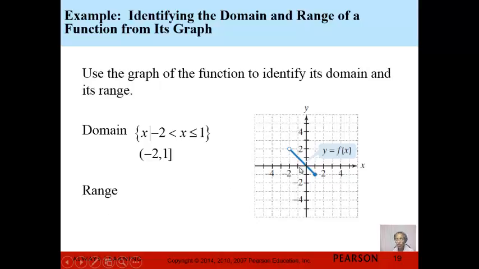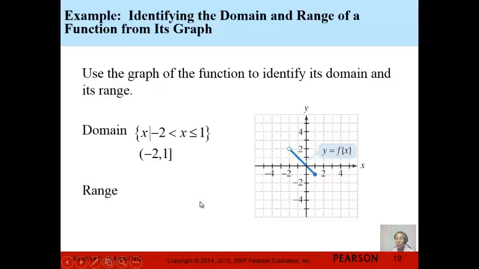Now for the range, notice the smallest y value is y equal negative 1. Notice that the y's become larger and larger, but when I get to y equal to 2, that y is not in the range.